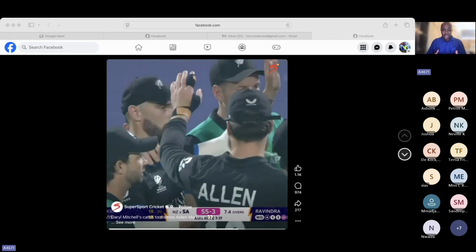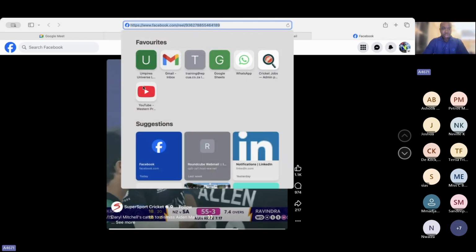I said in that video that any time that the bowler is running up as the batter is moving, they are moving the wide guidelines. That is not the case. We need to judge the wide guidelines based on where the striker is when the ball is released by the bowler. So I will put the link to that video in the chat box.